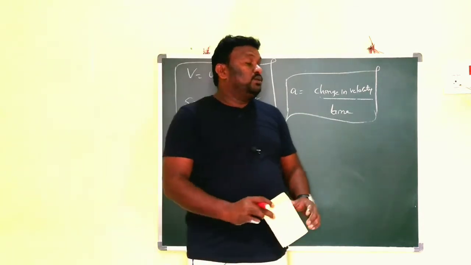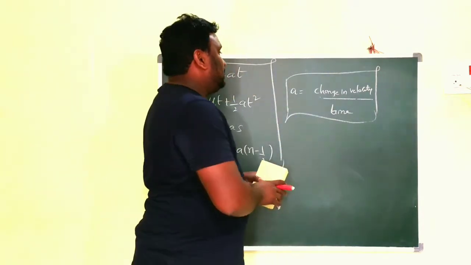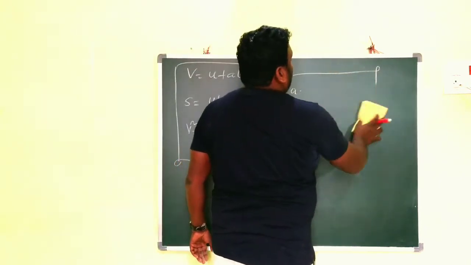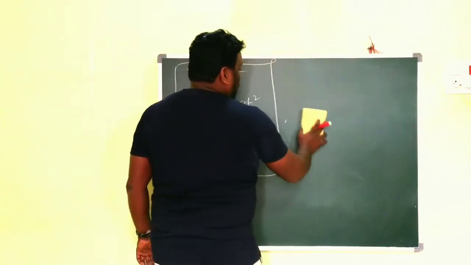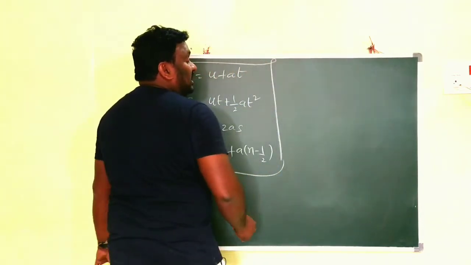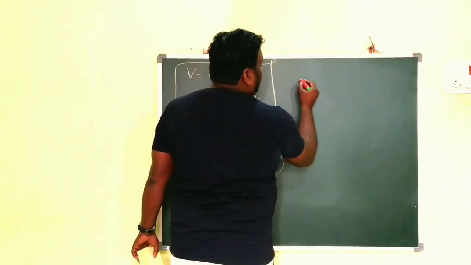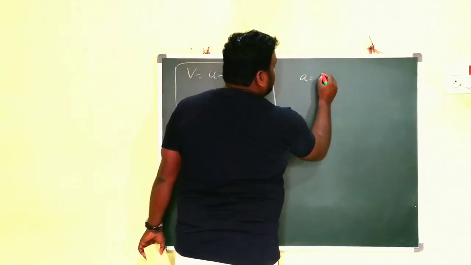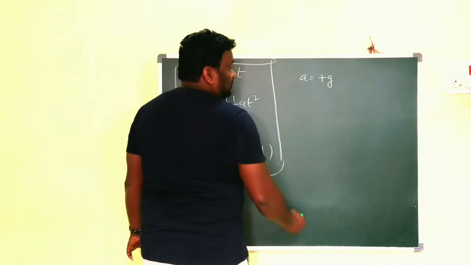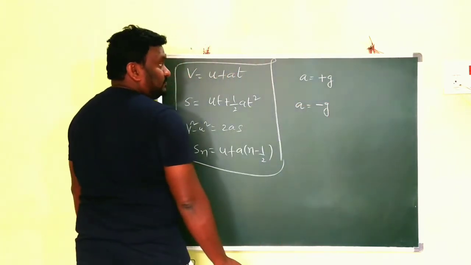Clear? So I think you have an idea about all these things, so I'm directly going to the topic. Children, next you have to know about acceleration due to gravity. Sometimes we write a = +g, and sometimes we write a = -g.